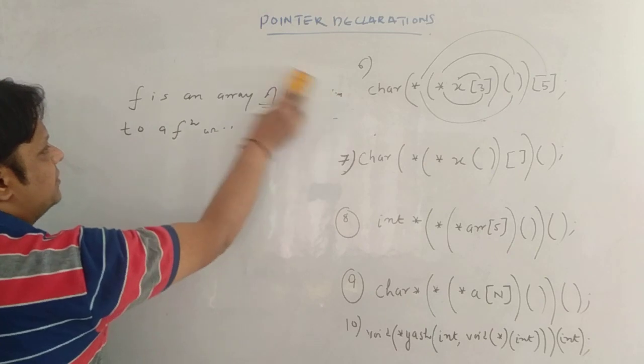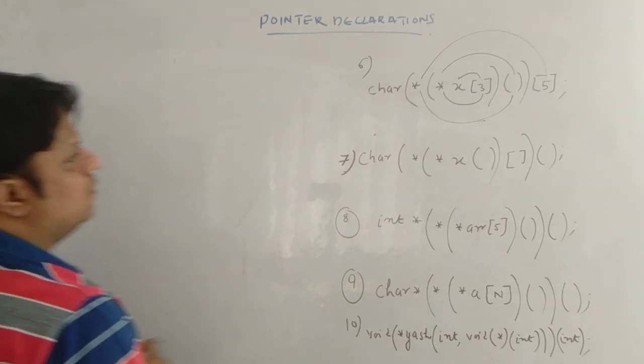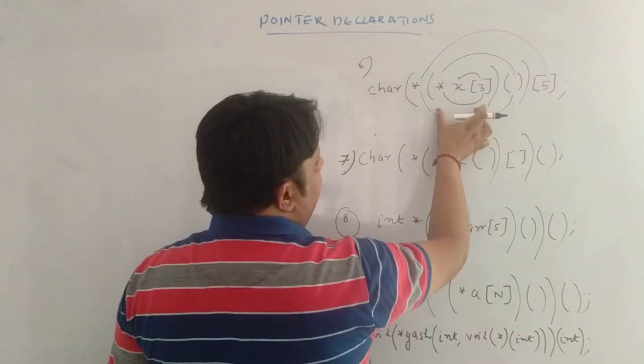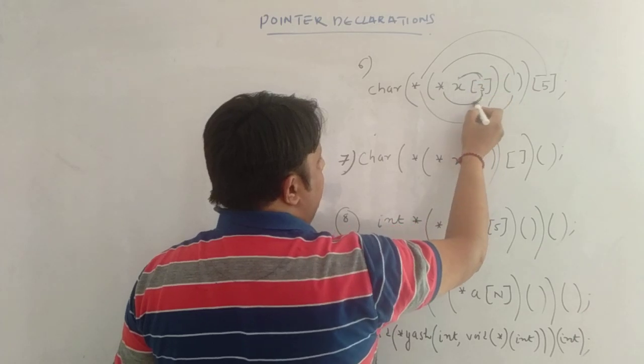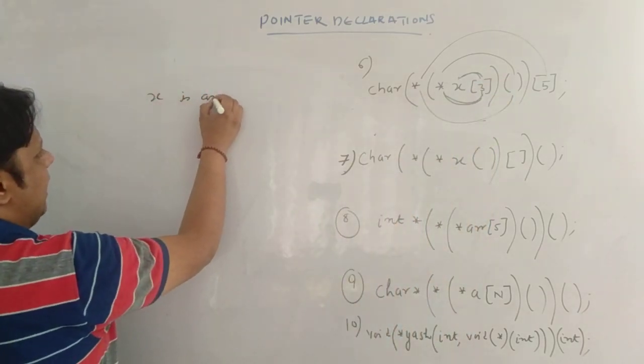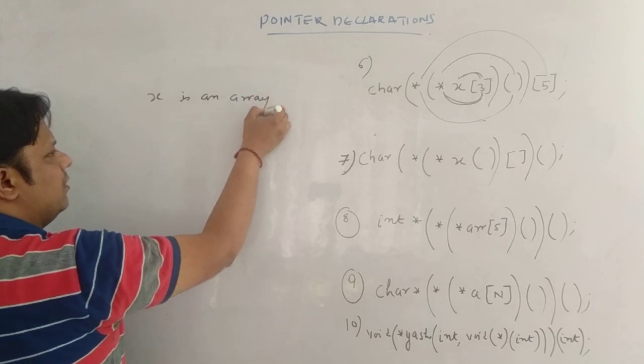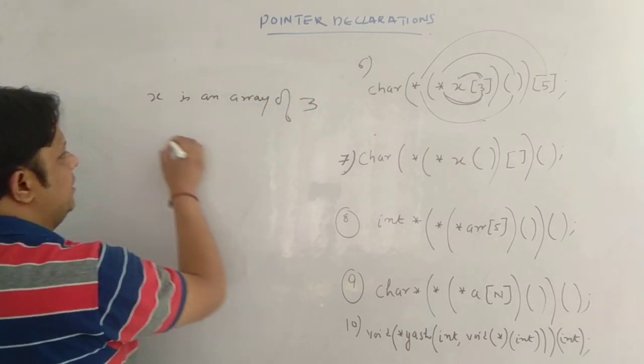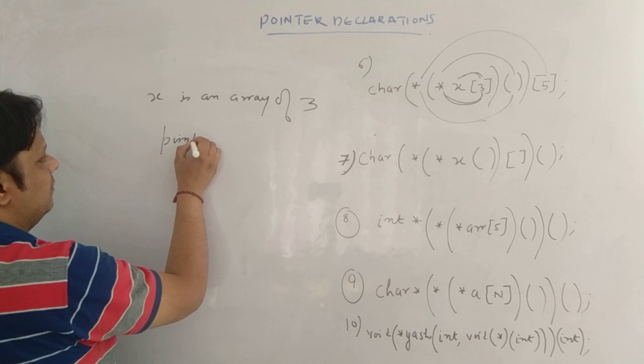Now moving on to the sixth statement. So now what is x? See, break this first. x is an array of 3 pointers. So I am writing this: x is an array of 3 pointers.